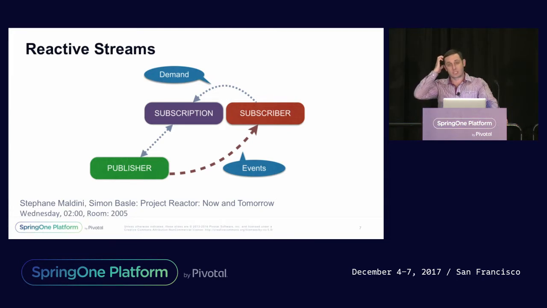The Reactive Streams idea is about publisher and subscriber and consuming events from the source on demand. So the subscriber subscribes to the publisher and requests how much it would like to get, and then the publisher starts to publish events to the subscriber.